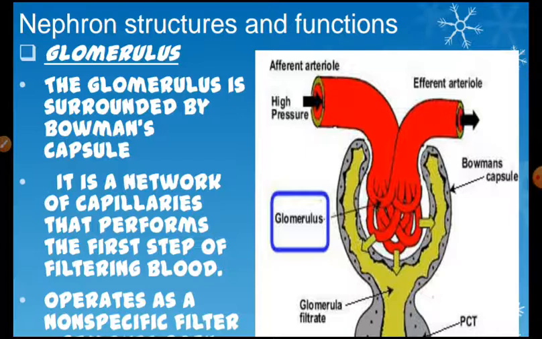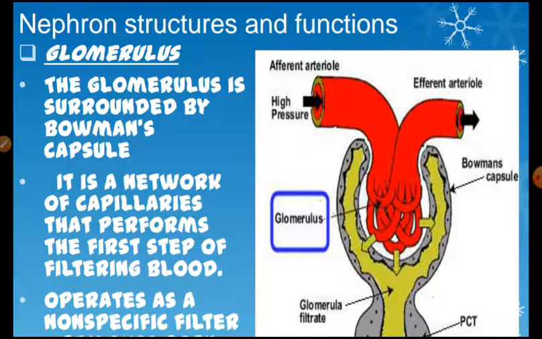And here in this glomerulus, from the blood, the extra water, salts and nitrogenous waste are extracted. So that is glomerulus. And what is Bowman's capsule?